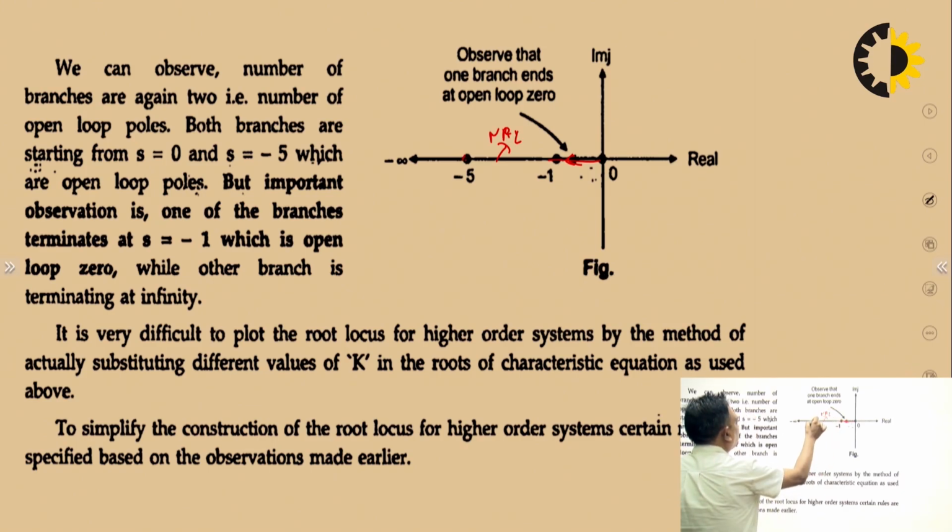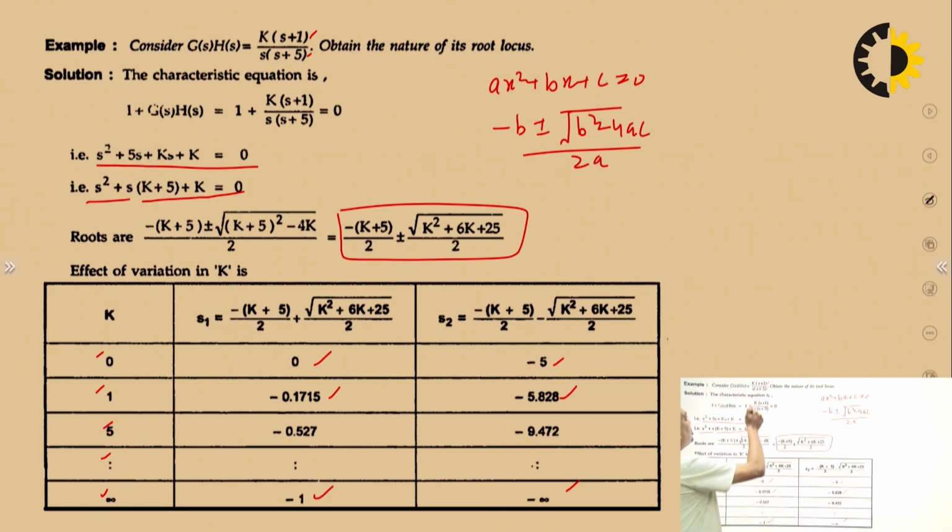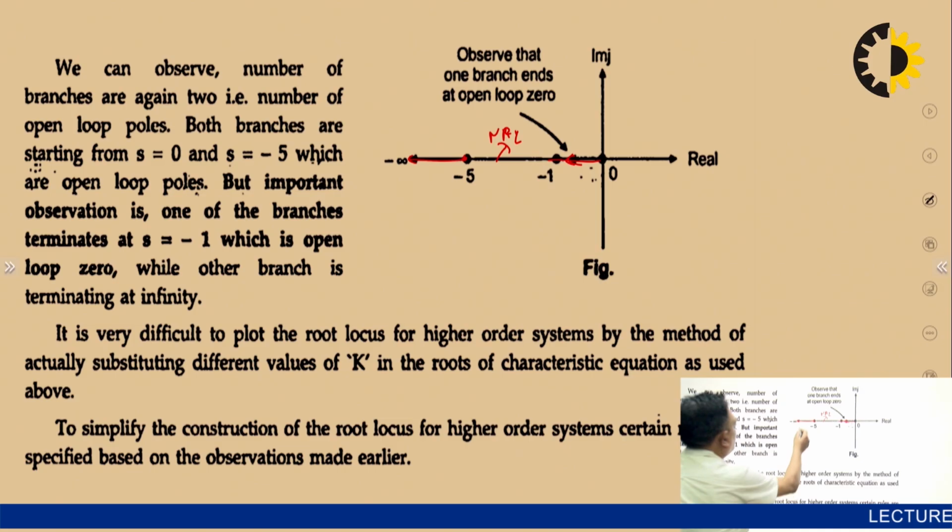And this point minus 5 will terminate at infinity. So you can see that one pole which was lying at s equals 0 terminates at a zero which is lying at minus 1, and another pole which was lying at minus 5 will terminate towards infinity from here. Okay.